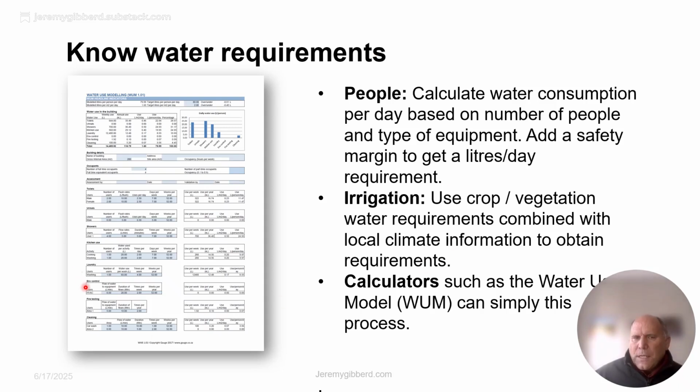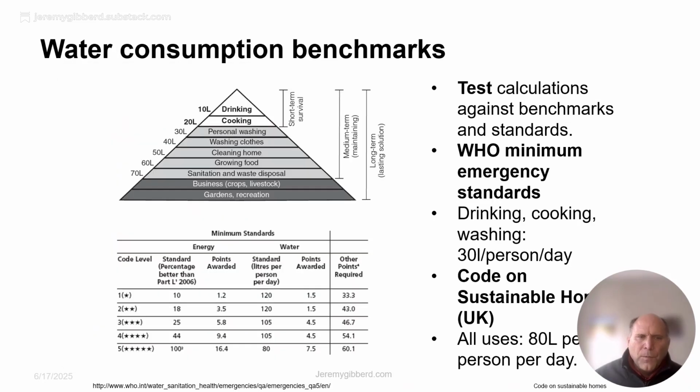Very important to understand quantities, and you can get this data from the municipality. You can look at your water bills over 12 months and calculate how many liters you use. Alternatively, you can model it, and there are some very simple modeling tools, calculations you can do to get a good estimate on consumption requirements, and I'll come back to this at the end.